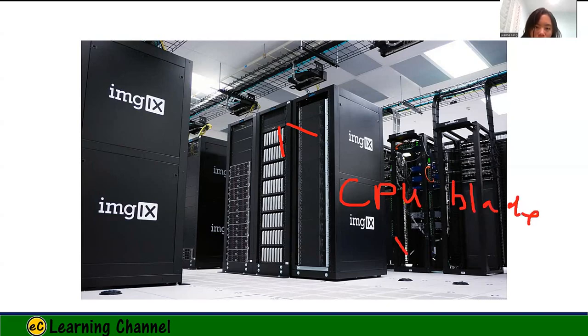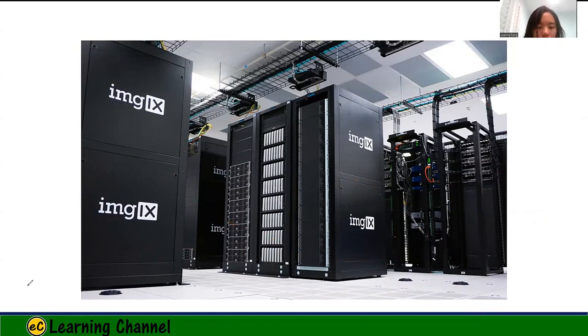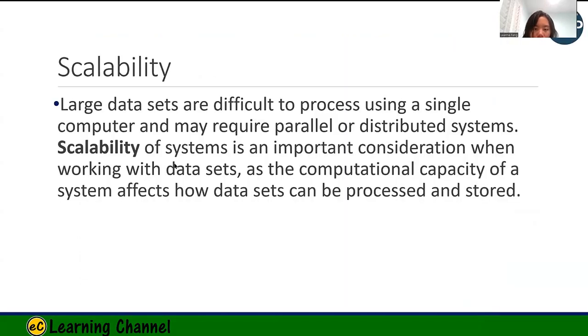One CPU blade is usually bigger than your desktop computer, bigger than your notebook. Only one piece like this. And then they have tons of them in a center. So their computing power is way bigger than what you know. When your computer becomes bigger and your program still works, it's called scalability.